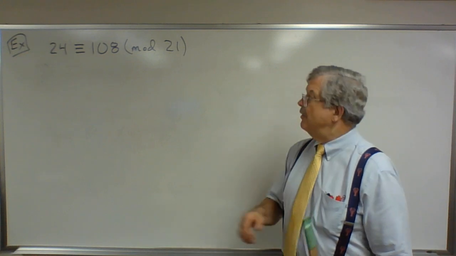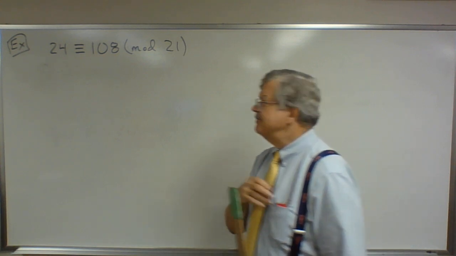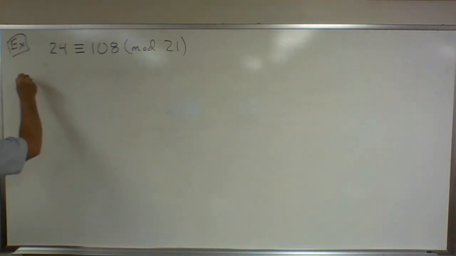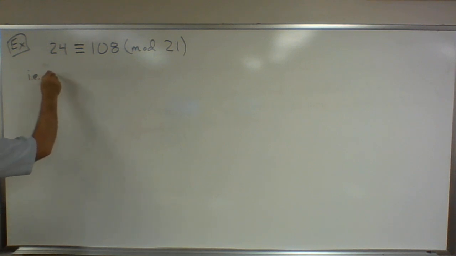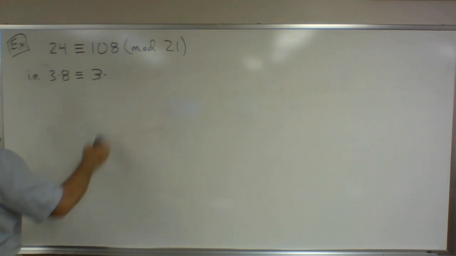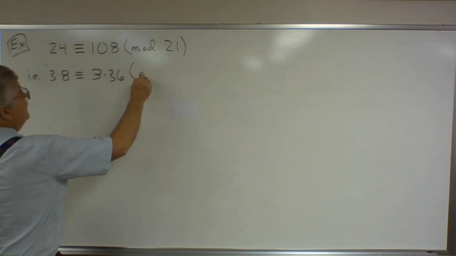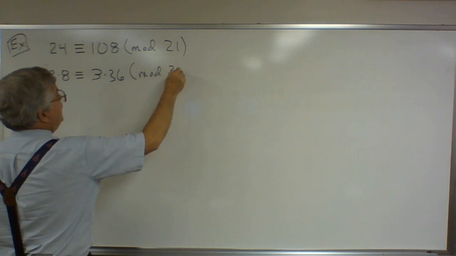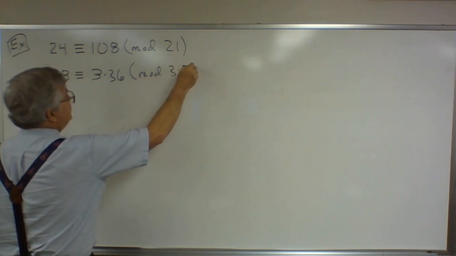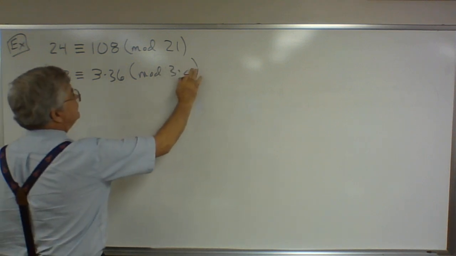And interestingly enough, all of these things have a factor of 3. 3 times 8 is 24, 3 times 36 is 108, and 21 is 3 times 7.